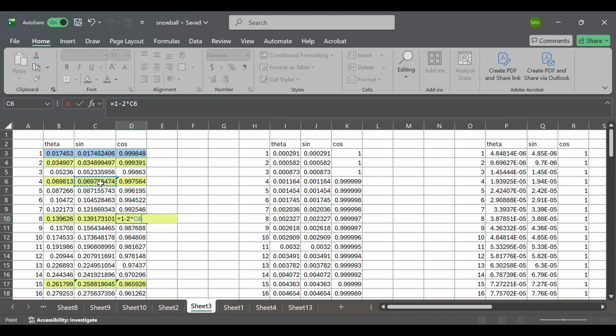In this case, it's sine of 4 theta squared. And then we'll do the 2 sine theta cosine theta formula. And that way we can double 2 sine theta cosine theta.